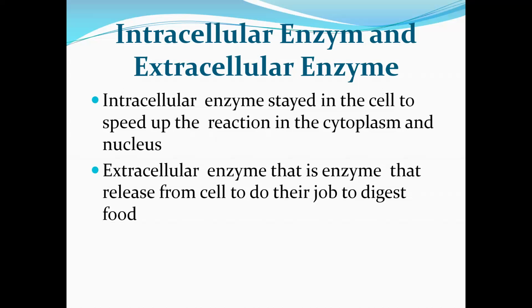Amylase is divided into two groups, alpha and beta. You can find alpha amylase in human saliva and also in the pancreas. If you want to find beta amylase, you can find it in some seeds, mushrooms, bacteria, and so on.